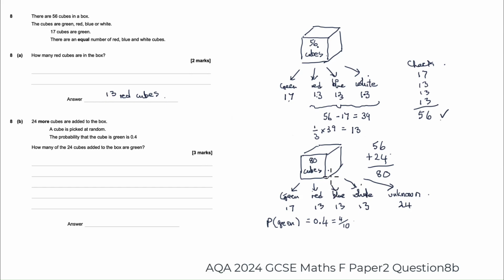Now, because we know there's 80 cubes in there, we can work out how many green ones are in there. If we work out 4/10, 0.4 times 80, again, get your calculator onto this, you end up with 32 green cubes.